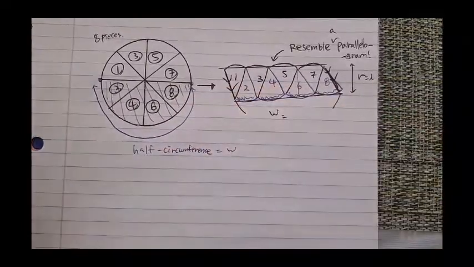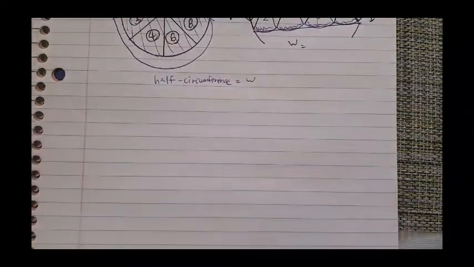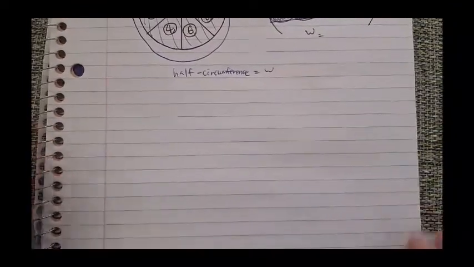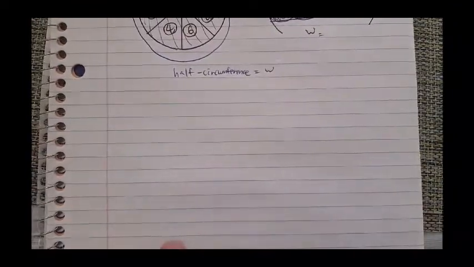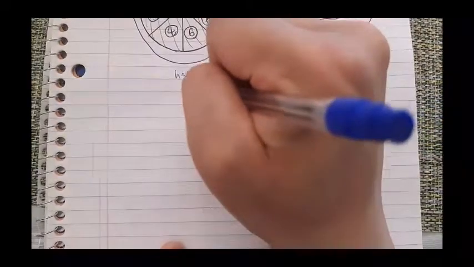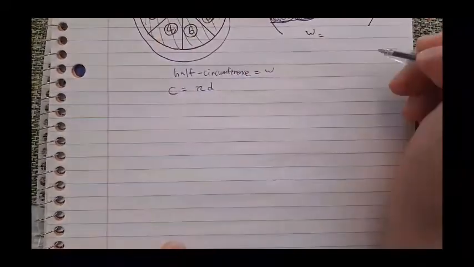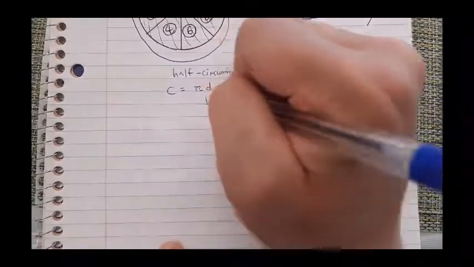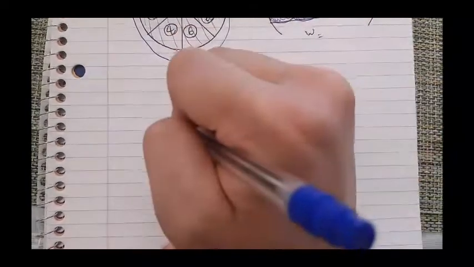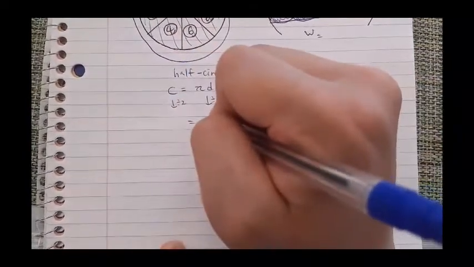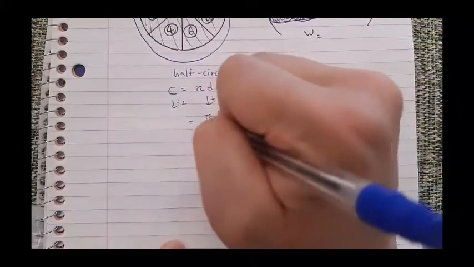Become my width. So that means if I use the formula that I learned before, pi d is my circumference. If I just divide by 2, it's basically pi d over 2.